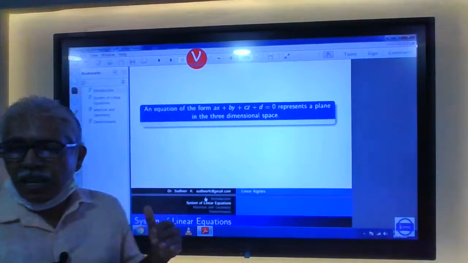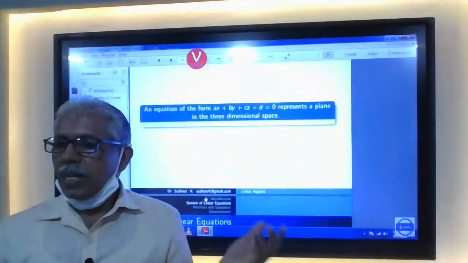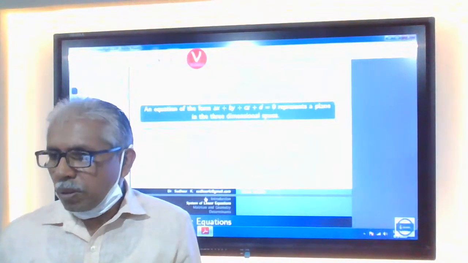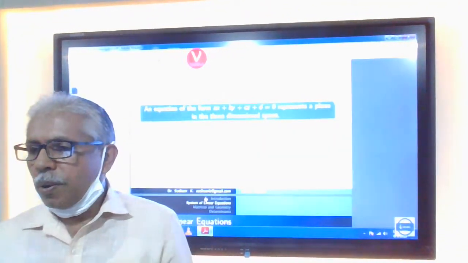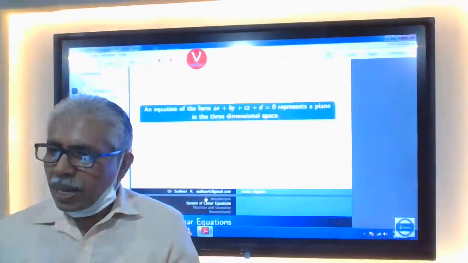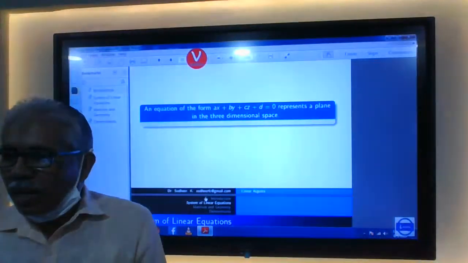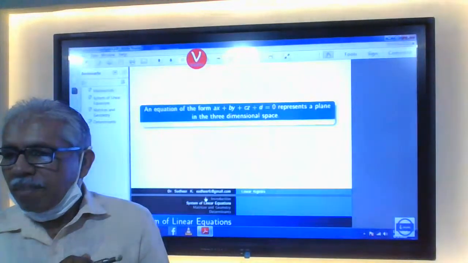So that situation will give you, as in the earlier case, determinant A equal to 0 and adjoint A into B equal to 0, giving infinitely many solutions. In the case of three equations with three variables, you get three planes having a common line of intersection.